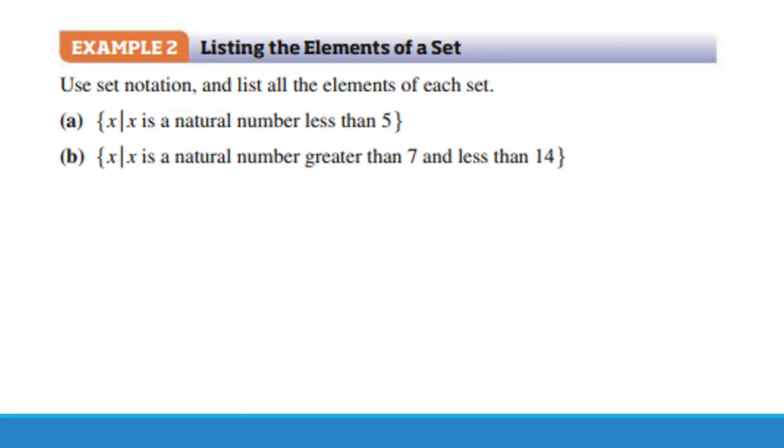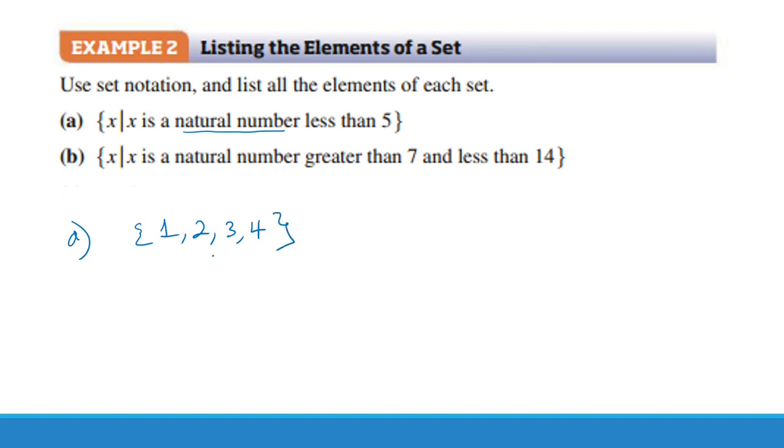Example 2. Use set notation and list all the elements of each set. X such that x is a natural number less than 5. So for part A, we're going to look at the numbers less than 5 that are natural. So the first natural number is 1, 2, 3, and 4.